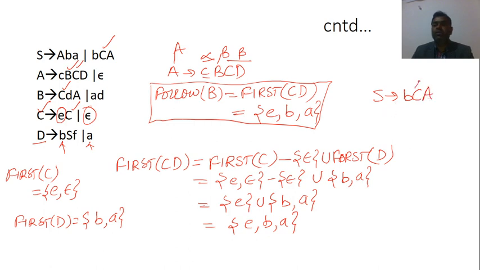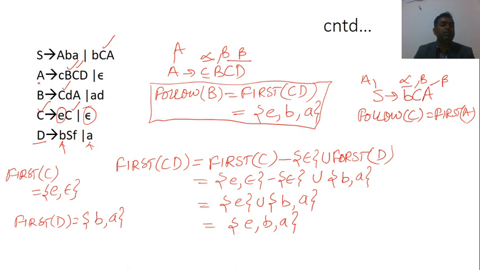Here this is our B, this is beta, this one is alpha, this one is our A. So I can write here follow of C, that is B, equal to first of beta, that is A. So first we have to find out first of A.